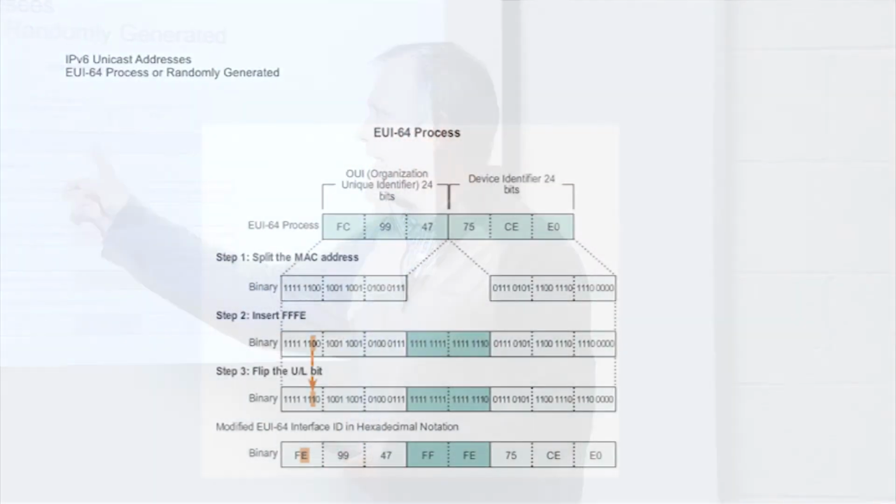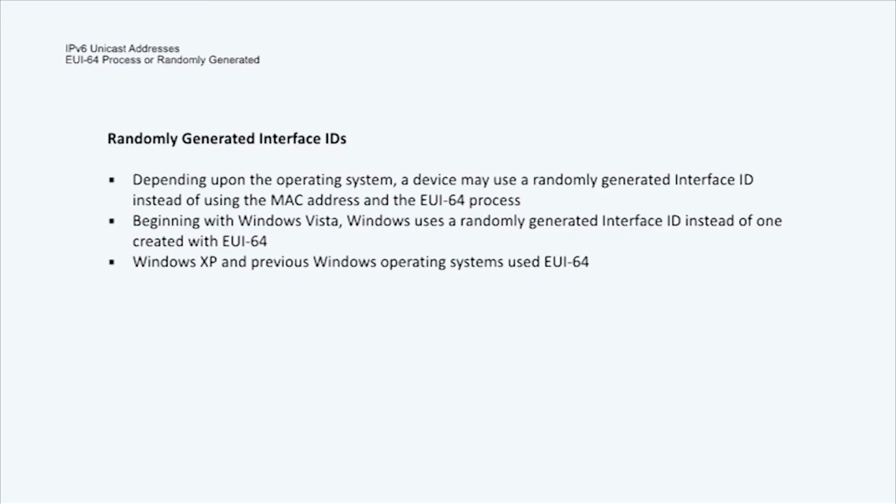That's one method. The second method is to just randomly generate all these fields. Which method is preferred? Well, it depends on the system. A device can use a randomly generated interface ID instead of using the MAC address and the corresponding EUI-64 process.